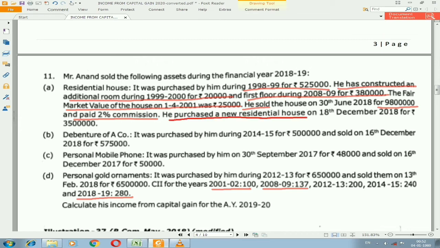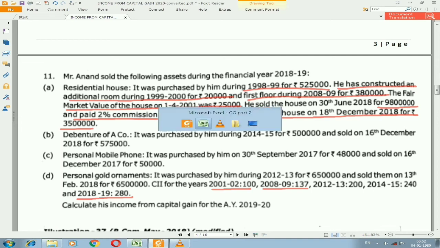Then we need to check, is there any exemption. Yes, one investment he has made. He has purchased a residential house. Check the condition first. Sale is residential house, purchase is also residential house, so it will come under section 54. Time limit is also satisfied, they purchased within 1 year itself, so all the conditions are satisfied and we can give the exemption.